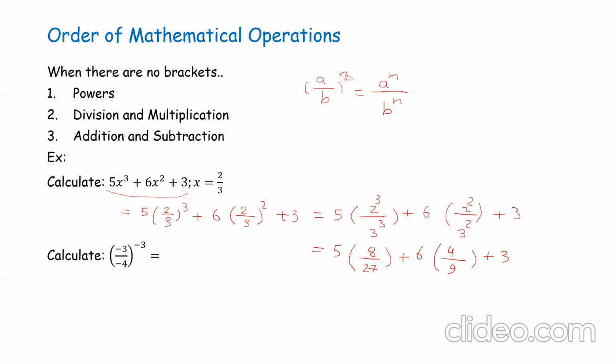So 5 multiplied by 8 over 27, we multiply 5 by 8 to get 40 over 27, plus 6 multiplied by 4 over 9, we multiply 6 by 4 and we leave the denominator as it is, so it's 24 over 9 plus 3. Now we unify the denominators and we calculate the result.